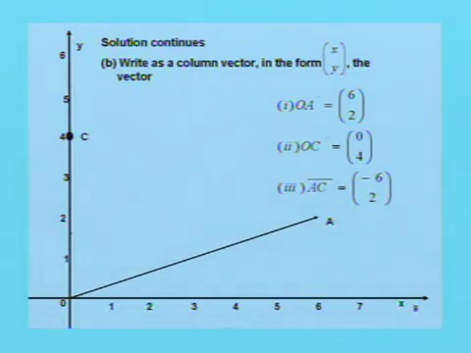Part B. Write as a column vector in the form (x, y) the vector OA. OA in vector form is (6, 2). OC, just reading the coordinate points, is equal to (0, 4). And vector AC is equal to (-6, 2).